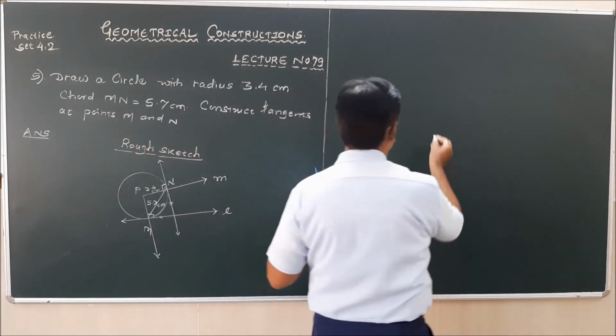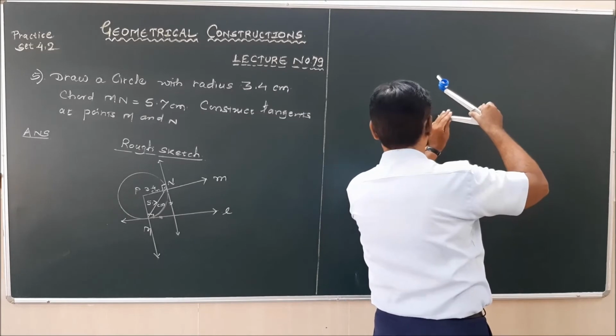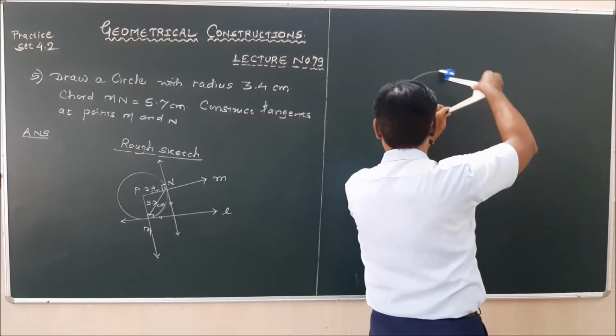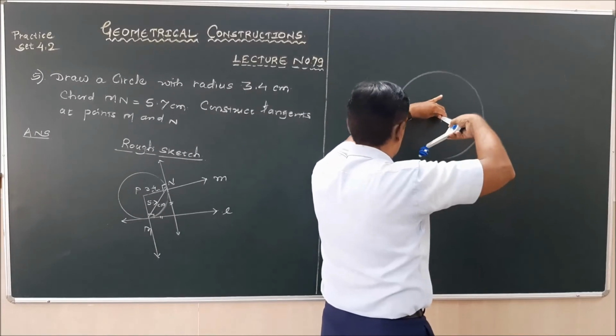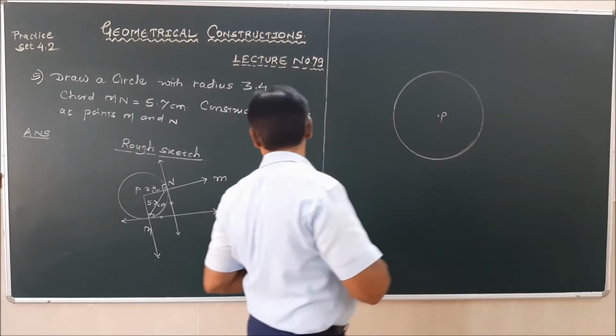P is the center of the circle. P is here. Draw a circle of radius 3.4.